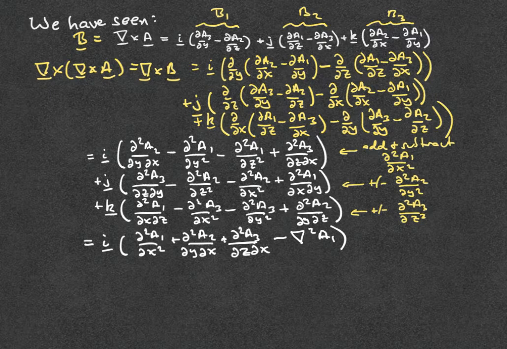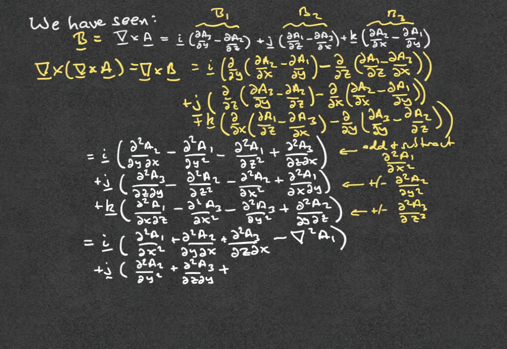Similarly, what we're going to get for the second row, so the terms in the j direction, is going to be d2a2 dy squared. That's the term we have added and subtracted, but I'm just writing down the one we're adding, plus d2a3 dz dy, plus, let's write down the other positive term from the end of the brackets here.